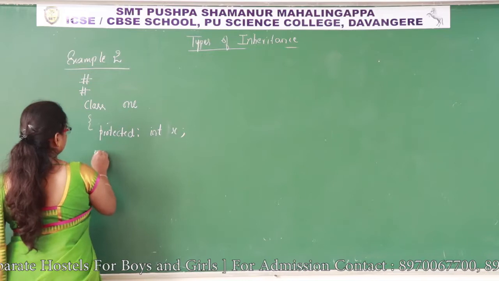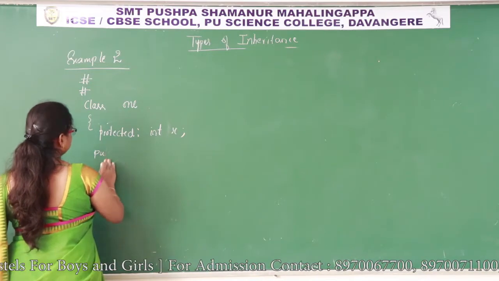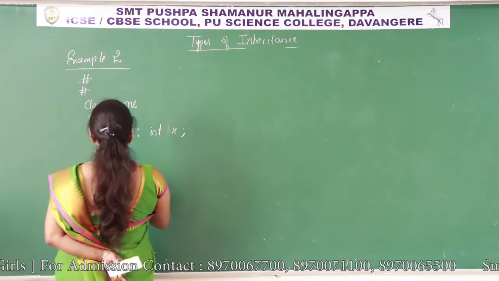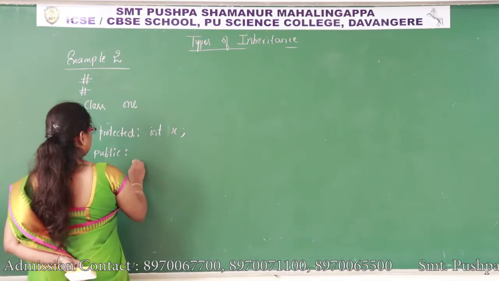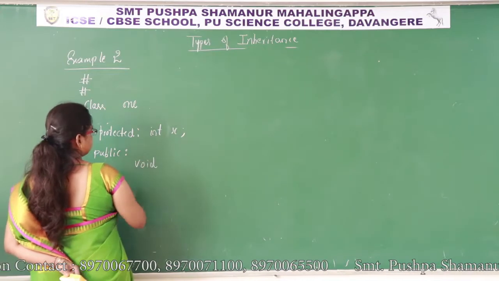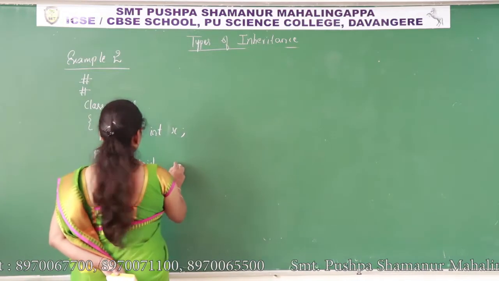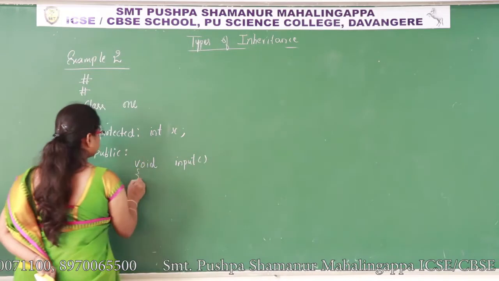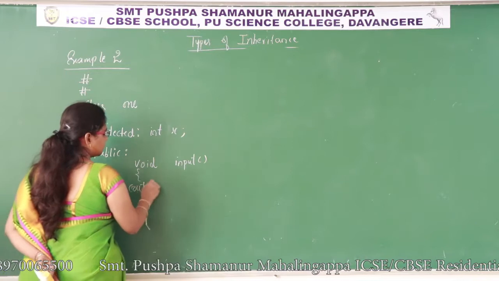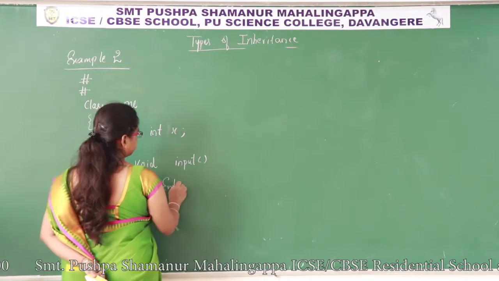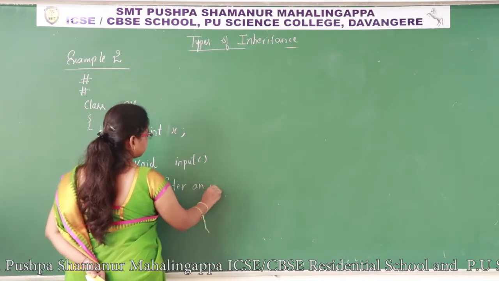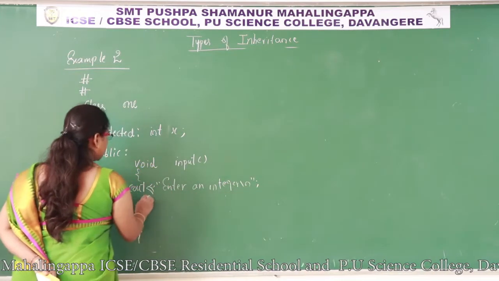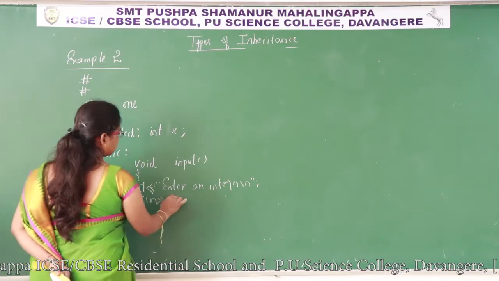So let us input public. So in this class I'll take only cal function, void, or I'll take input here itself: cout, enter an integer, cin extraction x.